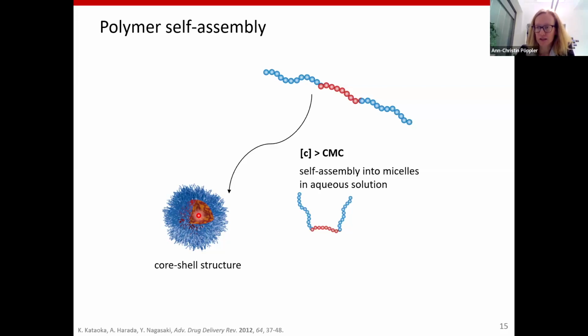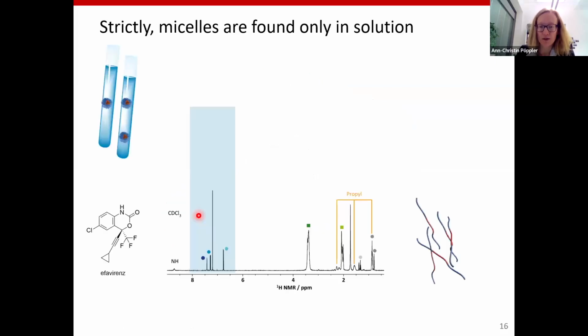And when I started to work on them, I got some samples from a collaboration partner, and we said, okay, micelles is a phenomenon in solution. If somebody needs to take medicines, it will probably also be in solution. So let's make analysis in solution. So here you see the proton NMR data in chloroform of polymers with the drug efavirenz that you've seen already on the previous slide.